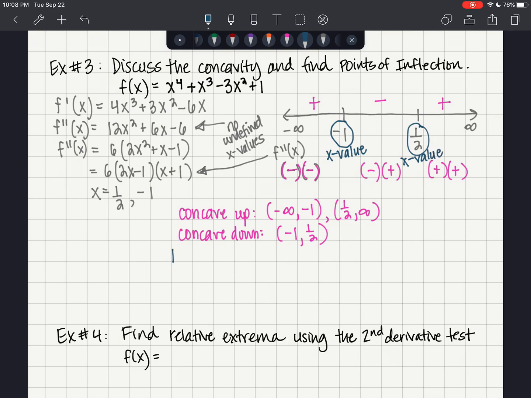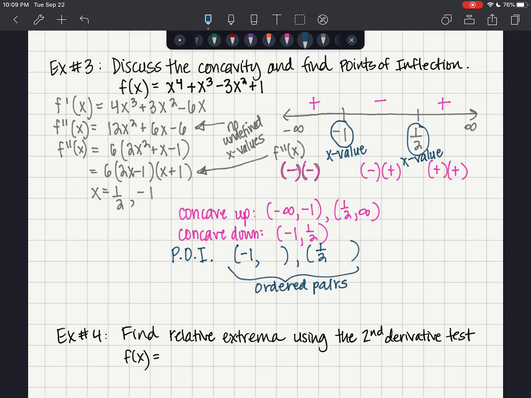So our point of inflection, we've got two of them. We've got one that has an x value of negative 1, and the other one that has an x value of 1/2. These are ordered pairs. Unlike the pink intervals, those are intervals, right?